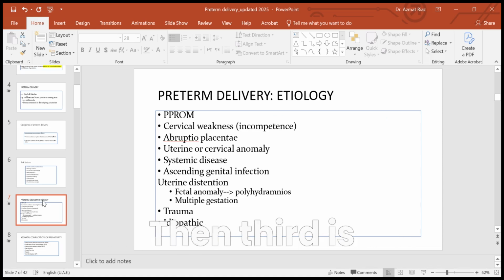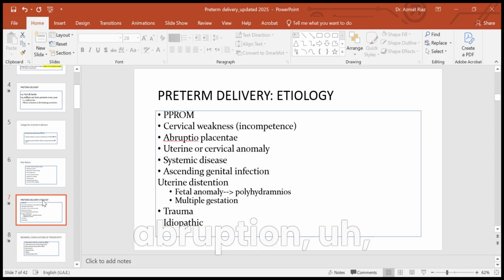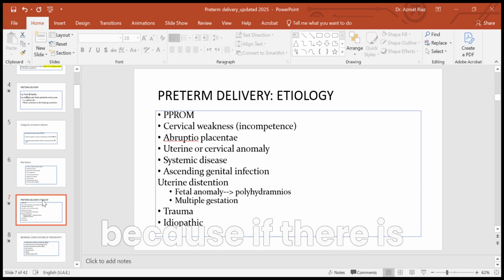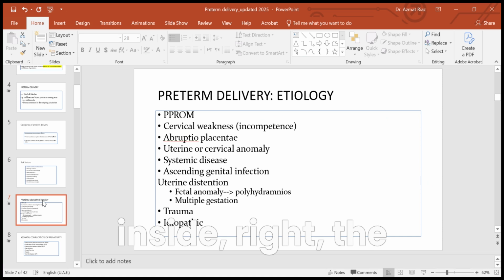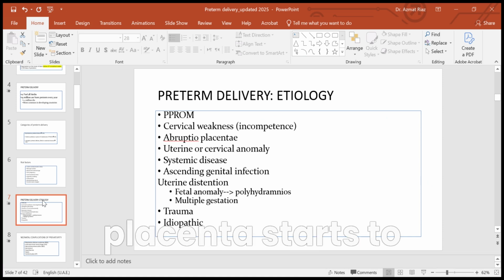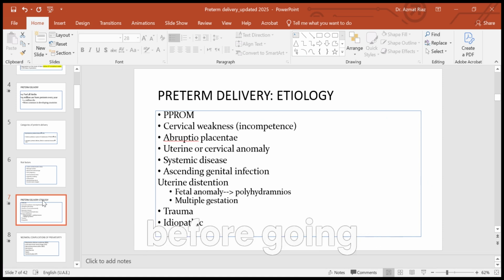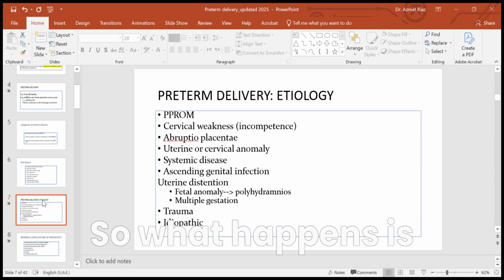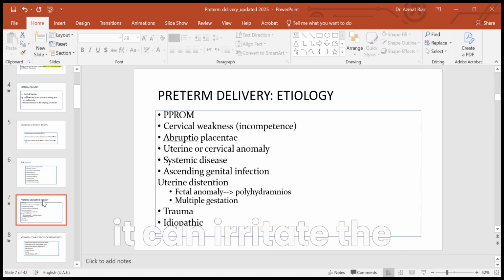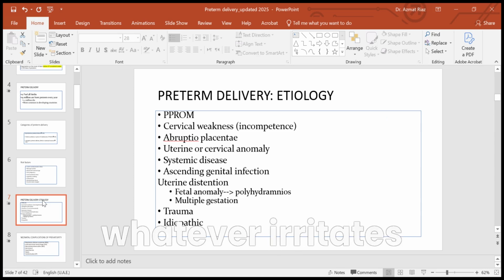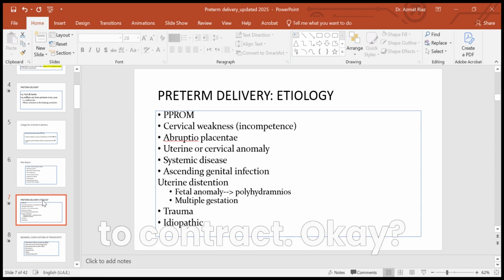And third is placental abruption. If there is a collection of blood inside, the placenta starts to separate from the walls of the uterus before going into labor. It can irritate the uterus, and whatever irritates the uterus, it starts to contract.